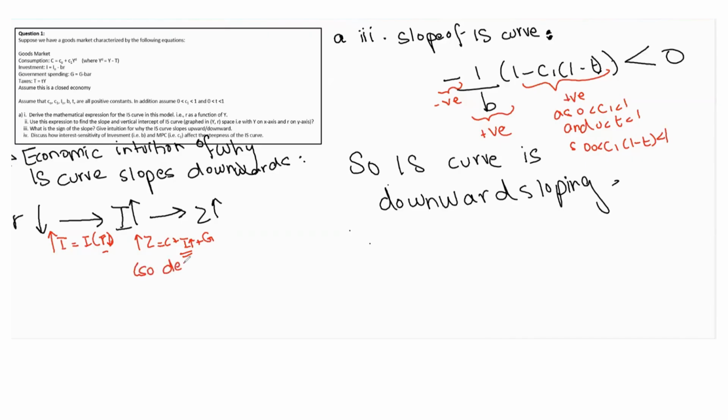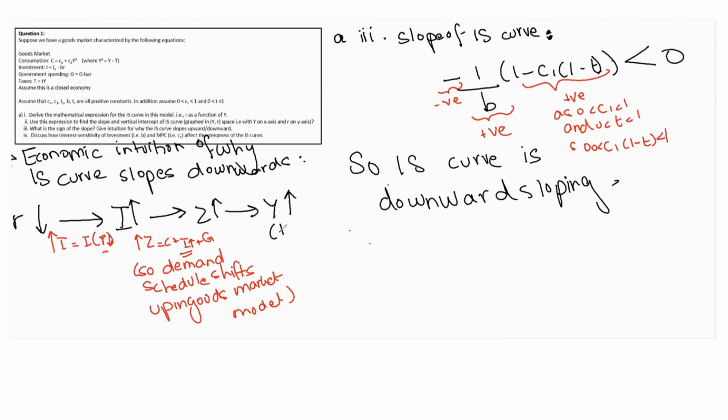Remember, the IS curve has in its background the goods market model. And when the demand schedule shifts up in the goods market model, that causes Y to increase through the multiplier effect.